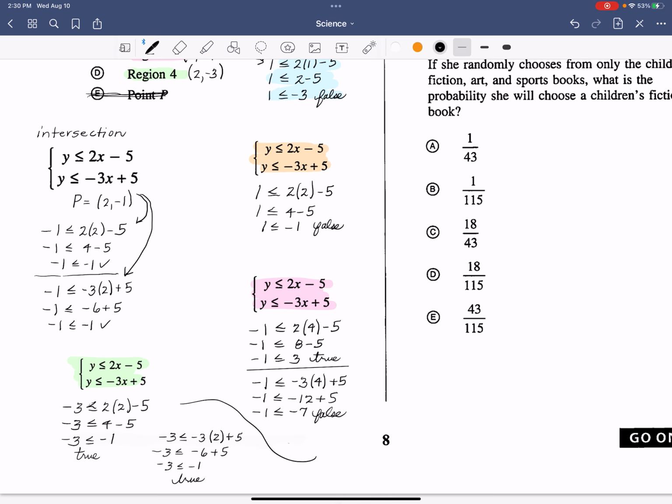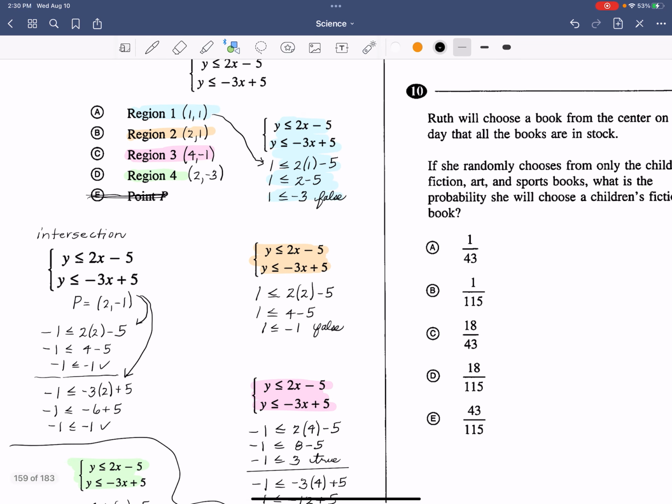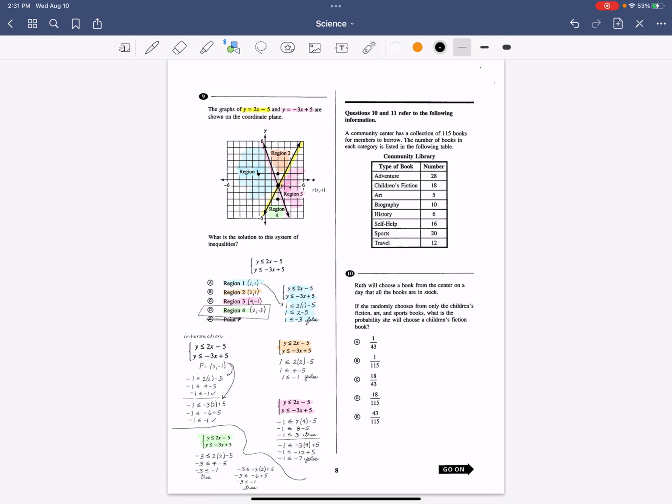That is a true statement. So this is the one that is true on both accounts and does not touch the line. So D should be the one you want. Not my favorite problem. It's basically solved by substitution, but you really have to know that you need to substitute, and that is not easy to do.